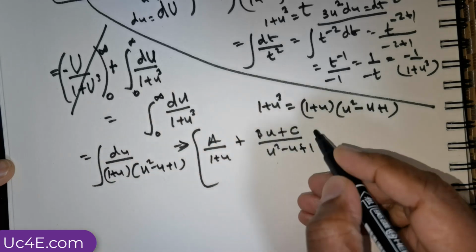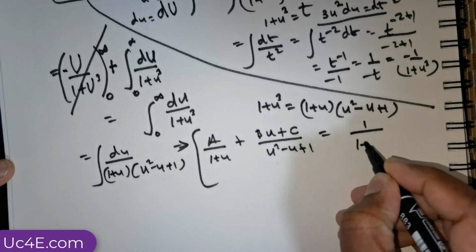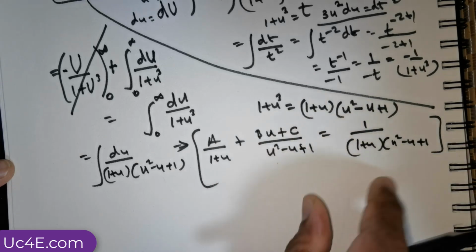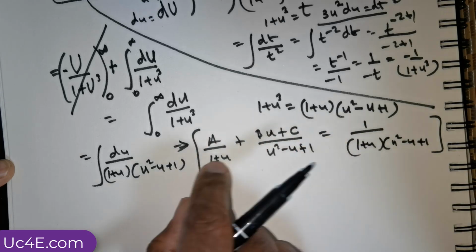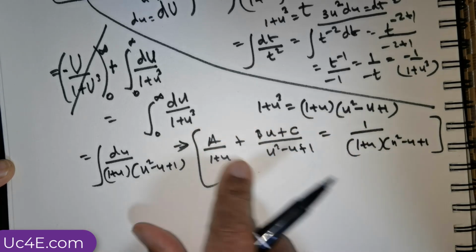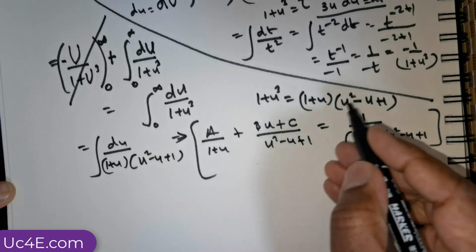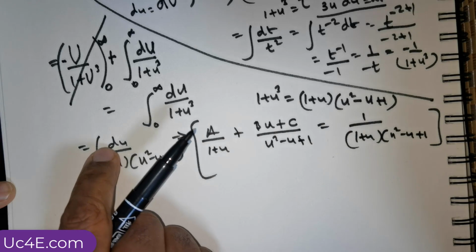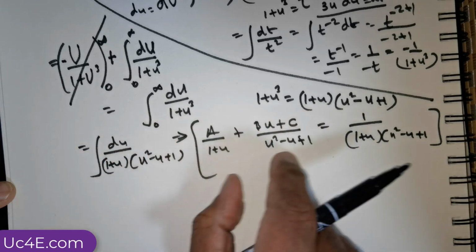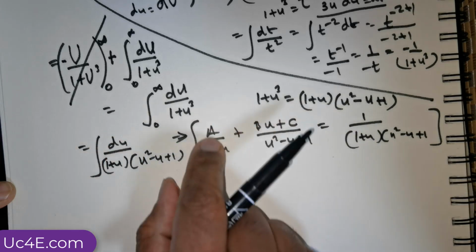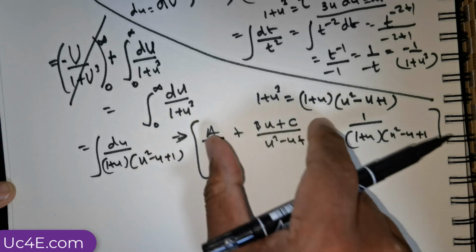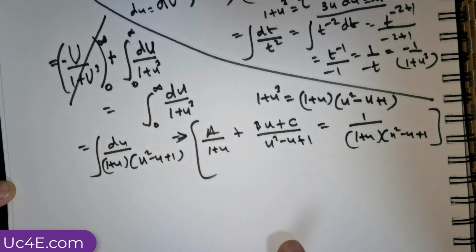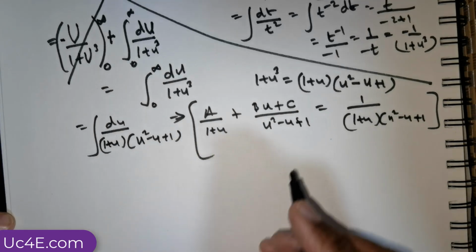First I will find out the values of a, b, c, and then I will bring the quantity. This is actually the integrand, right? The integrand without du. Once I get the values of a, b, and c, I can substitute them and then perform the integration. So that's the basic idea.